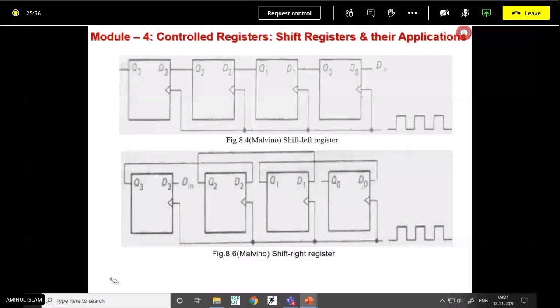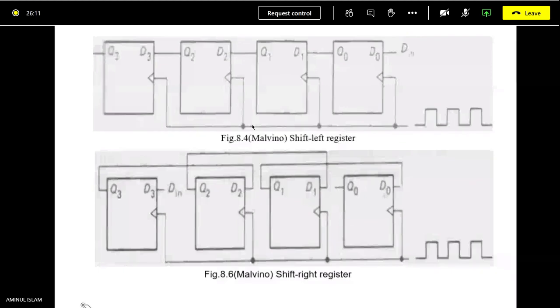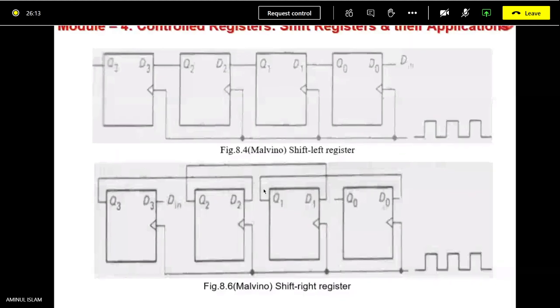So that 0, when the clock arrives, the positive edge of the clock arrives. Before that, assume that all are cleared to 0. All Qs were 0 earlier.